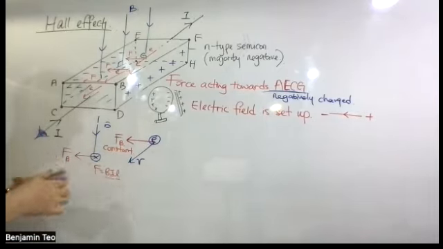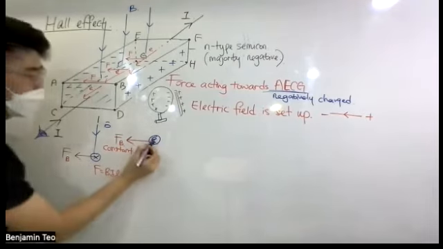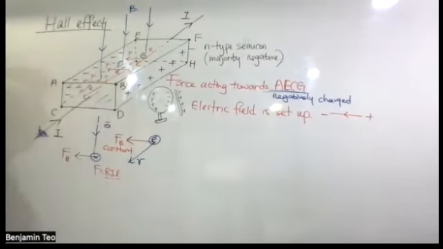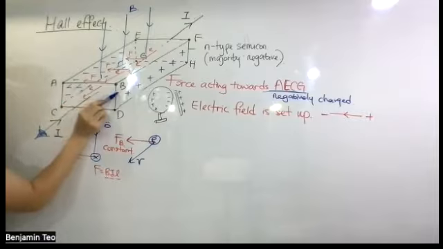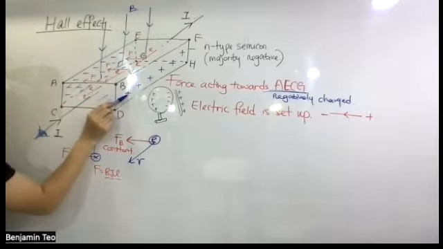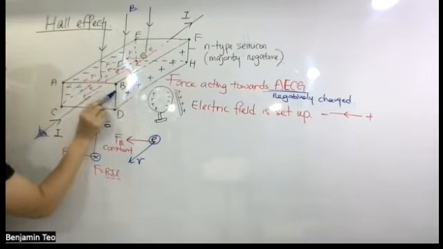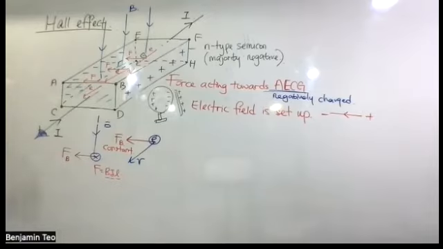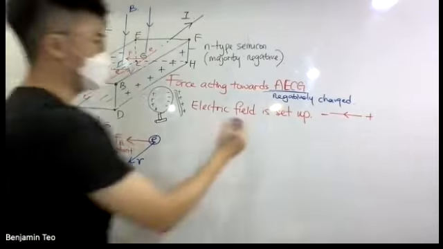And then we have one more force that acts on this electron. When the electric field is there, what will happen to the electron? This electron will be attracted to the right side because you have positive charge here. Okay, electric field set up.